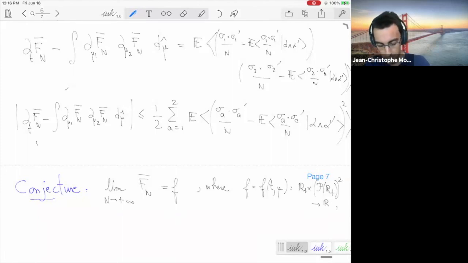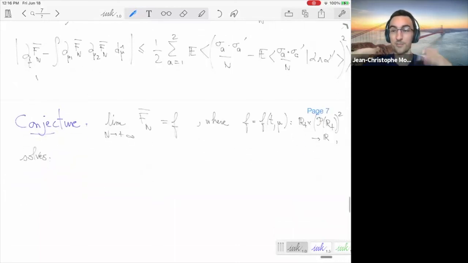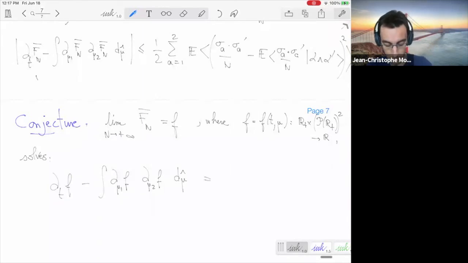taking some non-negative parameter t and a pair of measures with values in R, which solves the equation that we just discovered, which is the version of the naive equation we talked about early this week, except with measures around. Okay, so dt f minus the product of the derivatives integrated against this coupling equals 0 on R plus cross this thing.